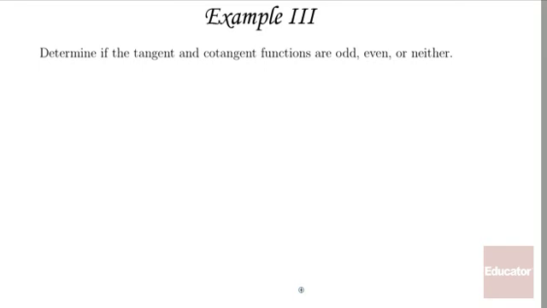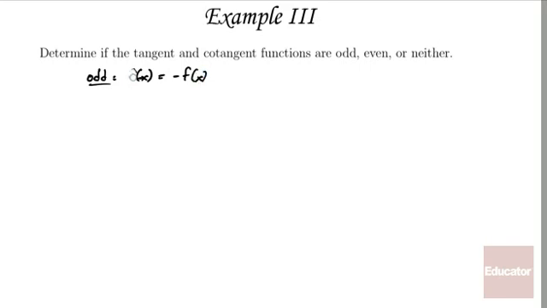For our next example, we're asked to determine if the tangent and cotangent functions are odd, even, or neither. And let's recall the definitions of odd and even functions. An odd function is where f of negative x is equal to negative f of x.